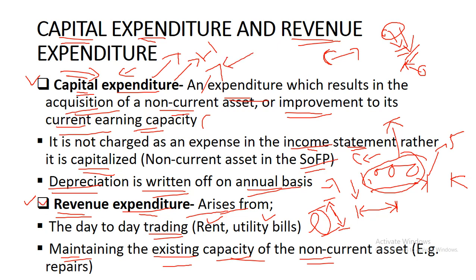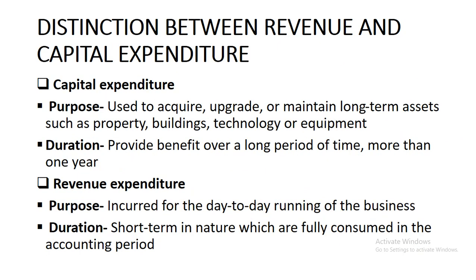Then a revenue expenditure, these are expenses or expenditure which is incurred on the day-to-day trading of the business, example utility bills and rent or other expenses. Then also revenue expenditures, they maintain the existing capacity of a non-current asset. And then these revenue expenditures, they're included in the statement of profit or loss. So these are the two facts that you need to have knowledge of.